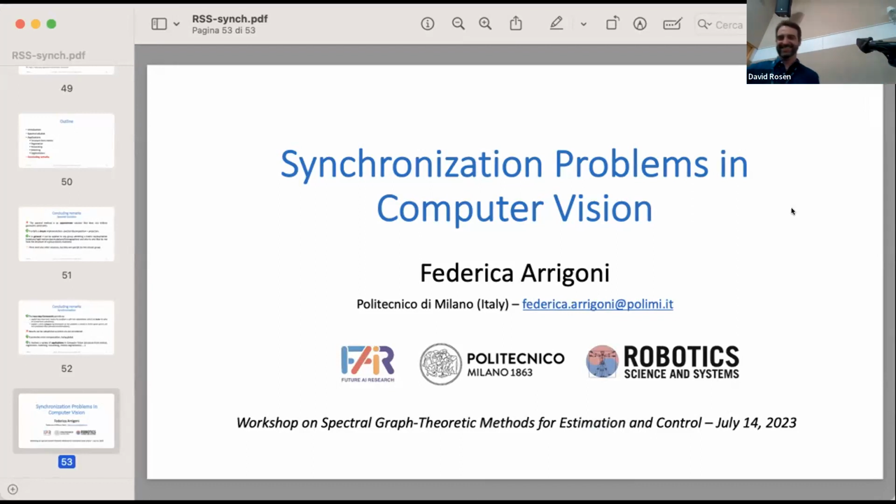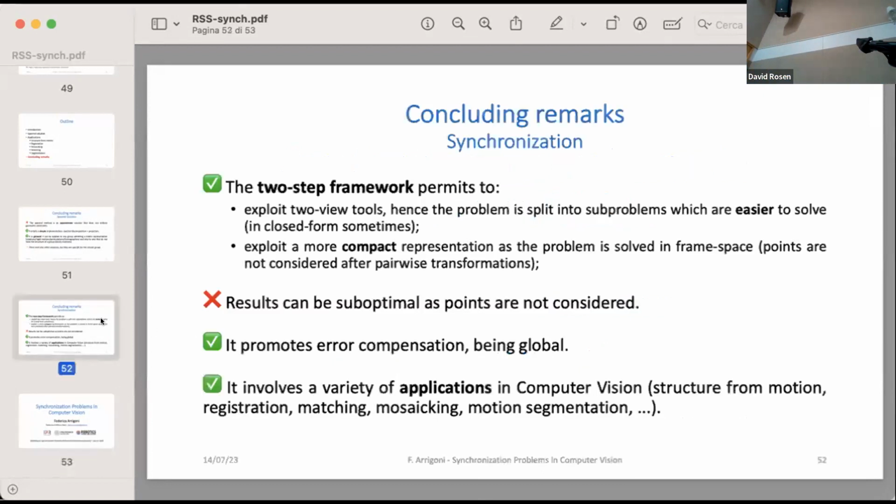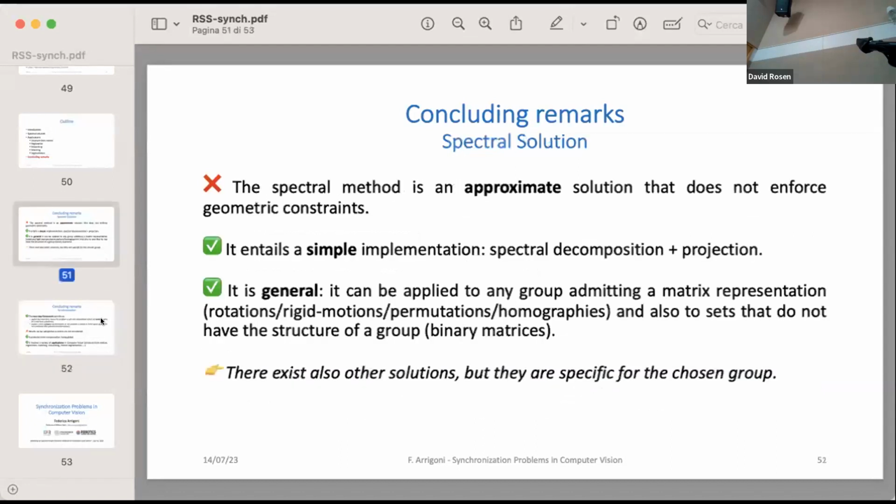This is Kasra. So my question is about something you talked about in your conclusion remarks. As you mentioned, these spectral solutions are extremely elegant. They can be applied to any of those problems that you mentioned.